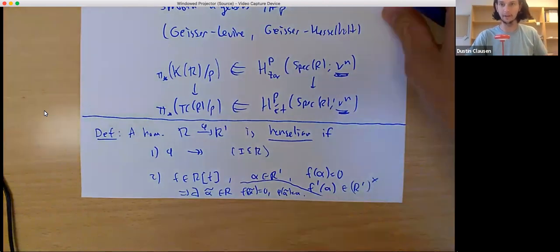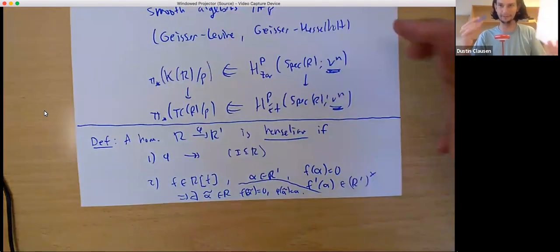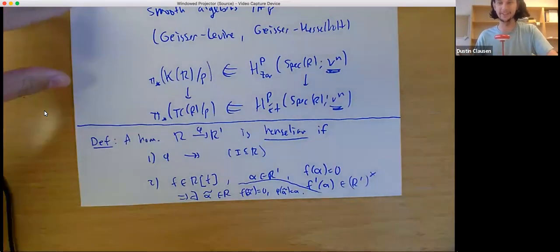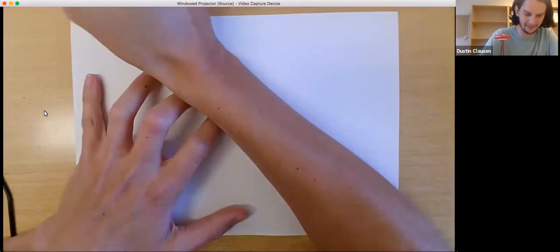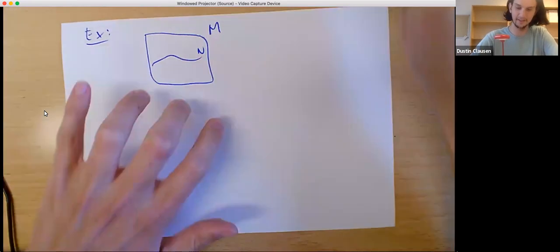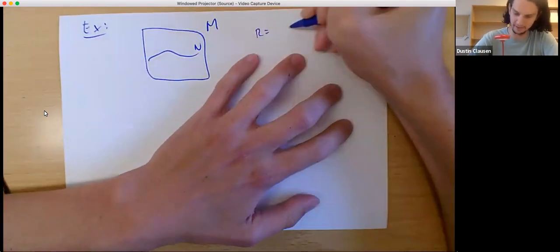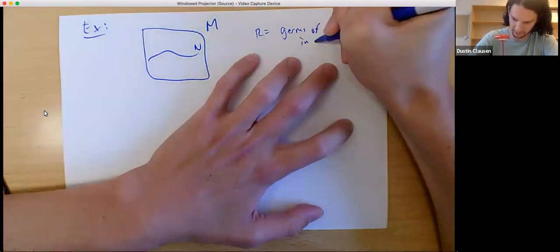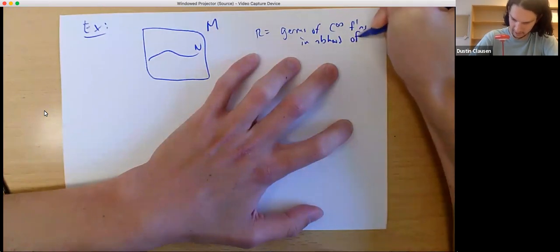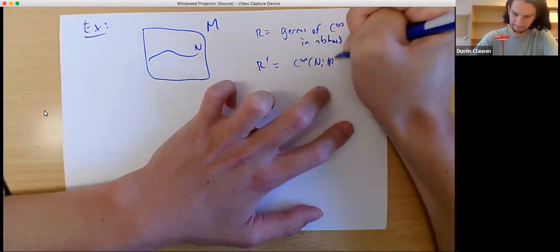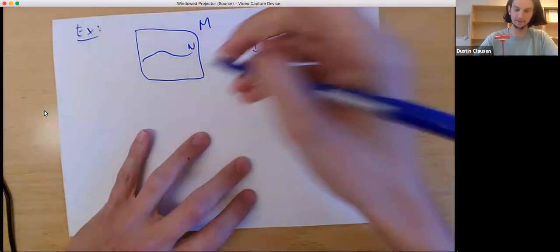So let me start by giving a geometric example, which plays no role in the rest of the talk, but at least we'll put a picture in your mind, which I think is the correct picture also in the relevant algebraic examples. Let's say you have a manifold M and a smooth submanifold N, then you could take R to be the ring of germs of smooth functions in a neighborhood of N, and you can take R prime to be the ring of smooth functions on N. And then the natural map is just restriction.